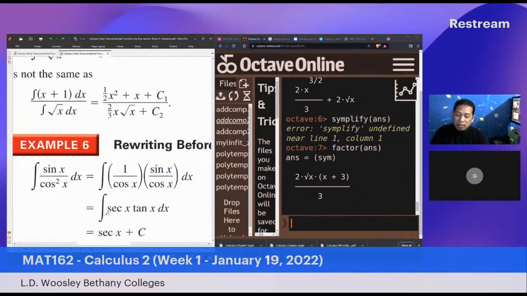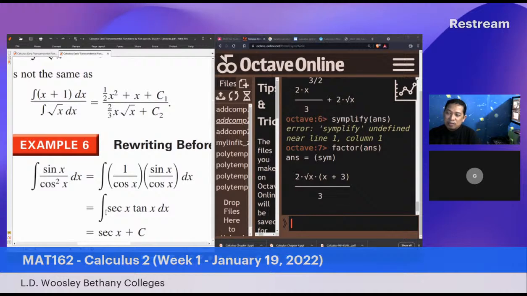Okay, so for this case, lalo na when dealing with the integral of a trigonometric expression or function, you need to recall your identities. Okay? Katulad dito, pwede siyang ma-solve as is, no?